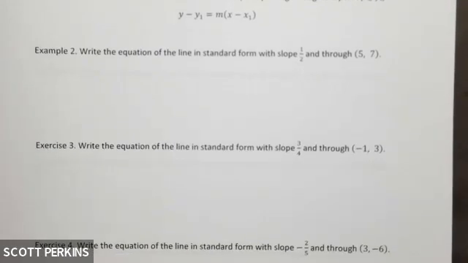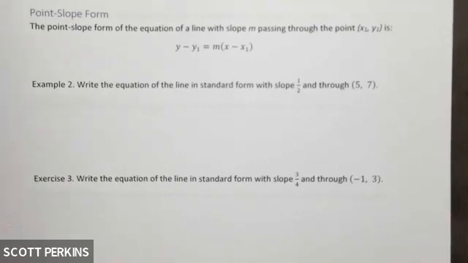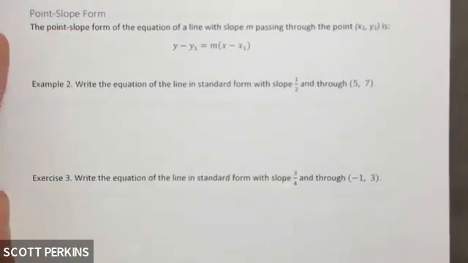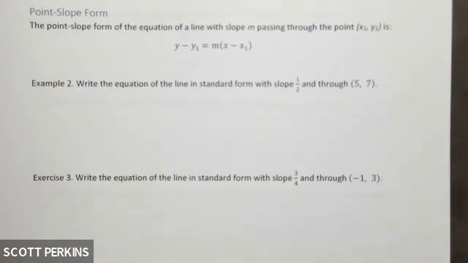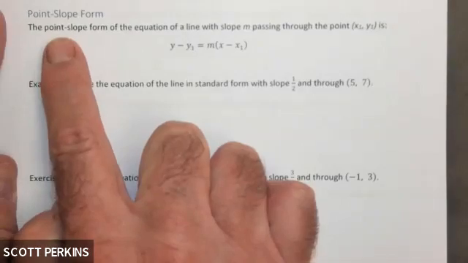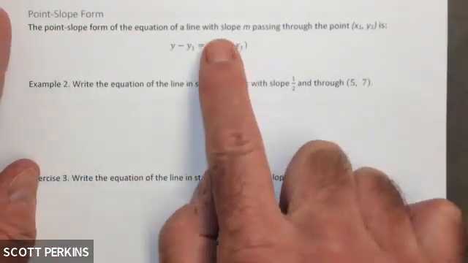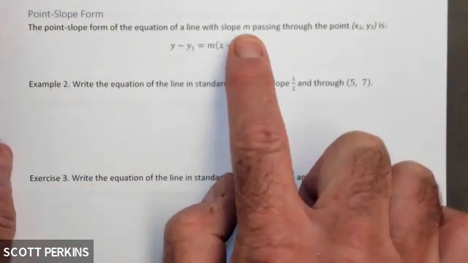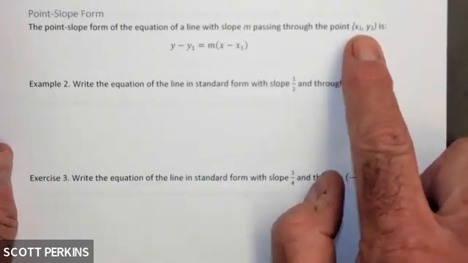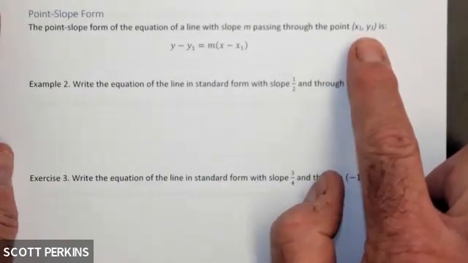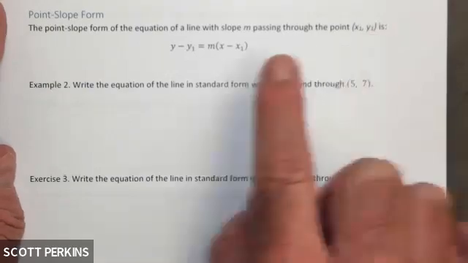So example 2, this one's my example. Let me read this. The point-slope form. Remember, math people are not super creative. The slope-intercept form told us the slope and the intercept, and we just used that. The point-slope form says, if I know a slope m, and I know the line goes through another point that's not the y-intercept, then I would use this format right here.